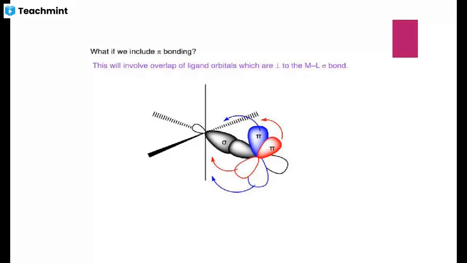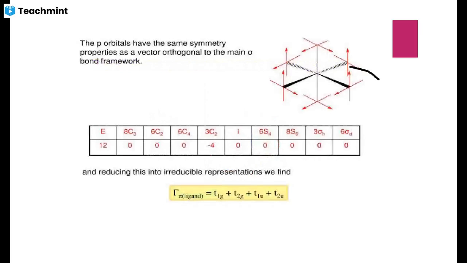So when pi ligands are involved, the pi orbitals are perpendicular to the sigma bonds. These are the two pi bonds, so to represent this you use two arrows. The same principle applies: only consider the unshifted.